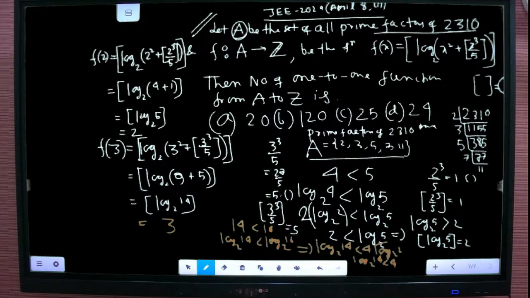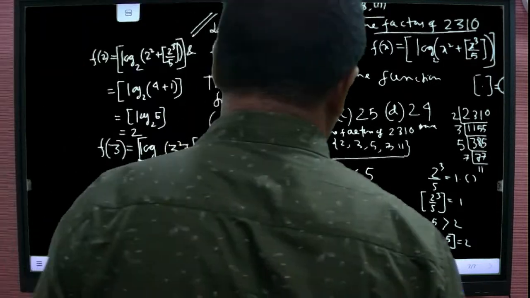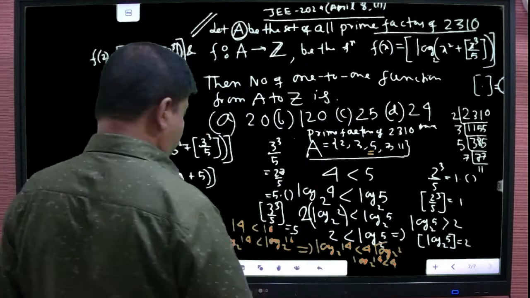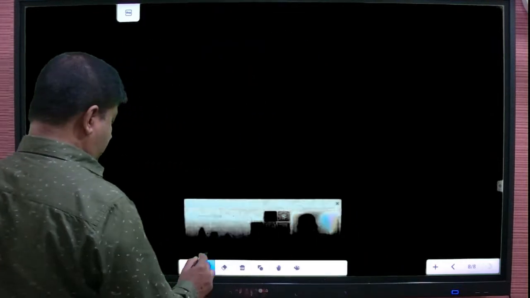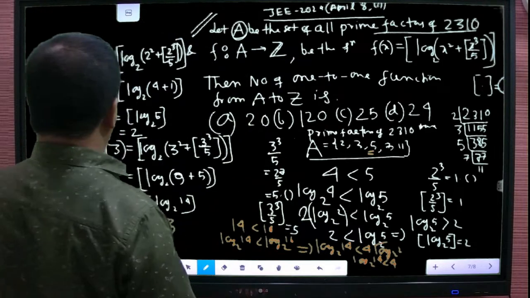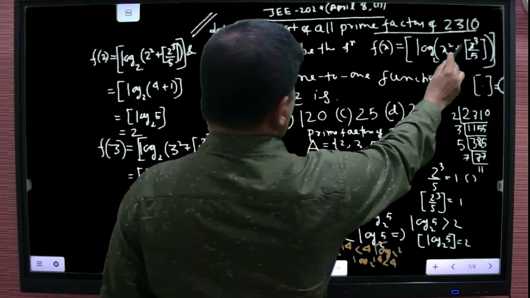Now next term, see, a little bit monotonous. Next is 5. F5. F5 is what? In place of x you put 5.